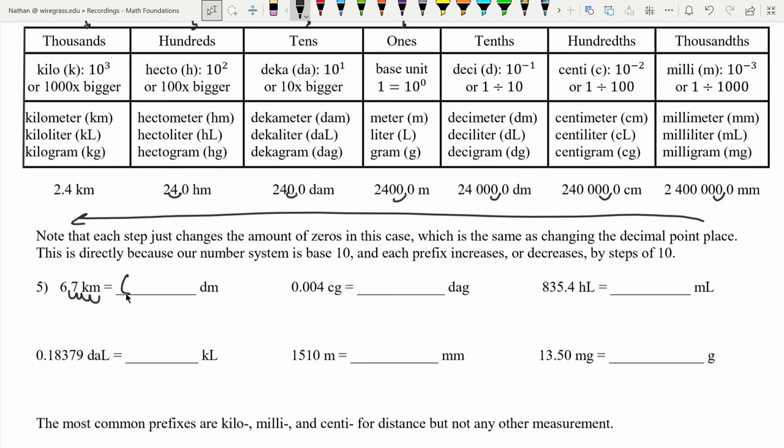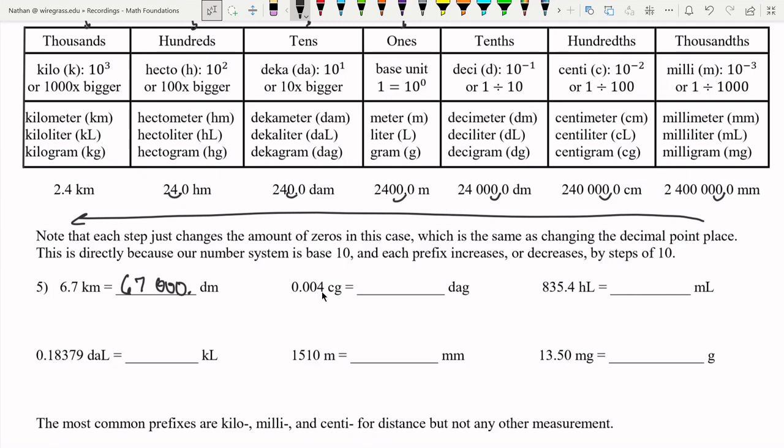That's going to be 6,7000. I'm going to fill each empty space with a 0. So if I go backwards, I'm going to move 1, 2, 3, 4 spaces to the left. Here's the decimal point. 6.7 kilometers. That makes sense. So that's how you can convert between these two very easily.